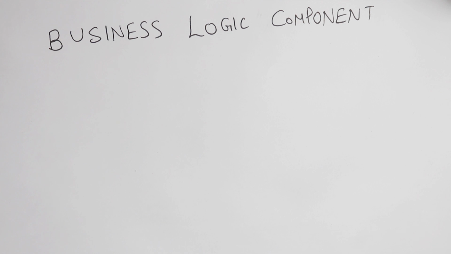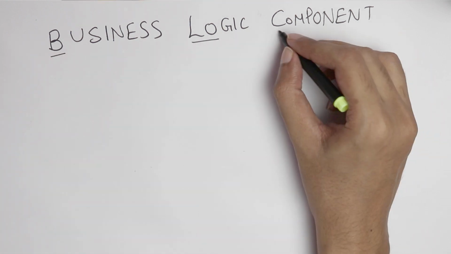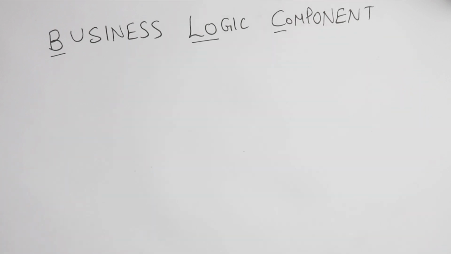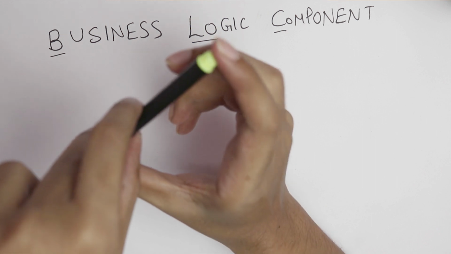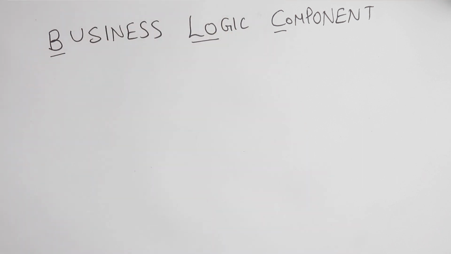So what exactly is this business logic component, or the BLoC pattern? As I said, BLoC stands for business logic component. In simple terms, it's a pattern to maintain state in your application, thereby enabling you to write reactive applications. How do we break it down in a simpler way?